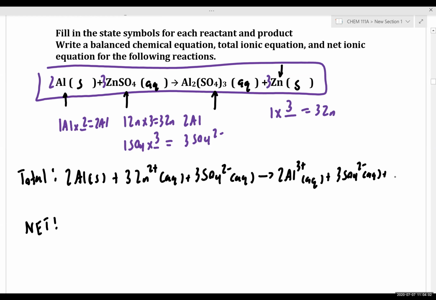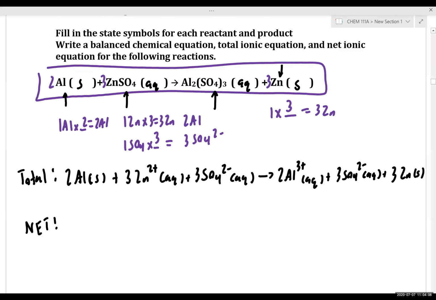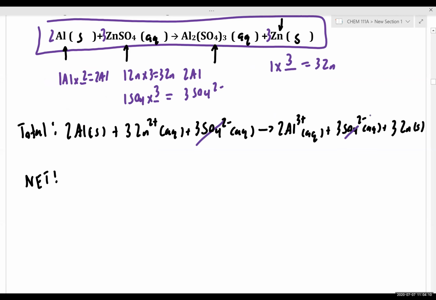And zinc we keep exactly the same, and we have 3 zinc atoms. Now we have identified that sulfate is our spectator. We can't cancel aluminum or zinc because the charge and physical state are different.